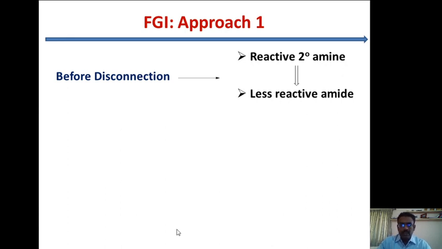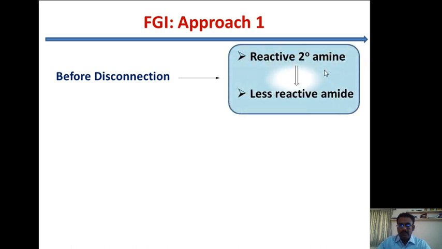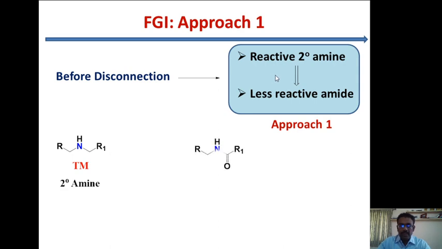Let's take this approach 1. This is the target molecule, the secondary amine. We are converting this into the amide.